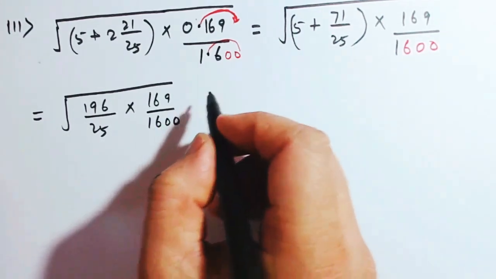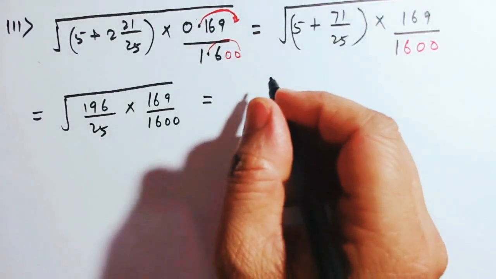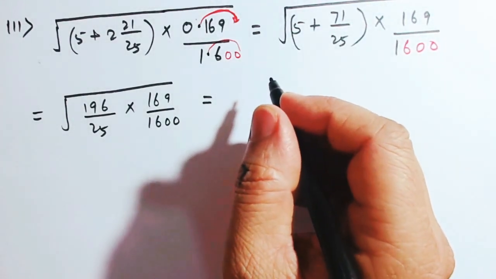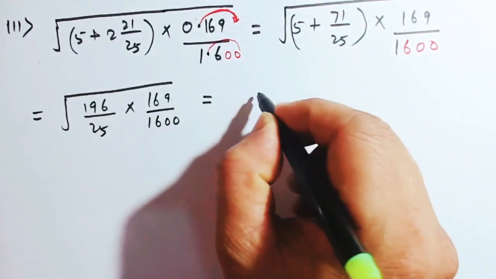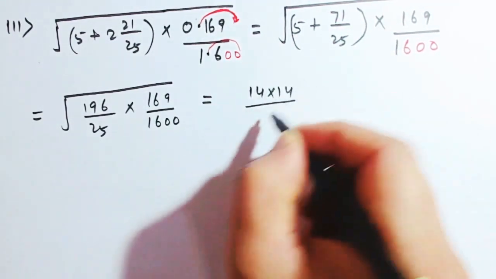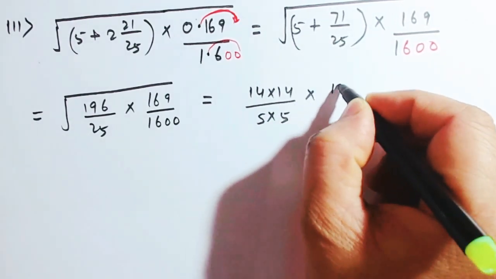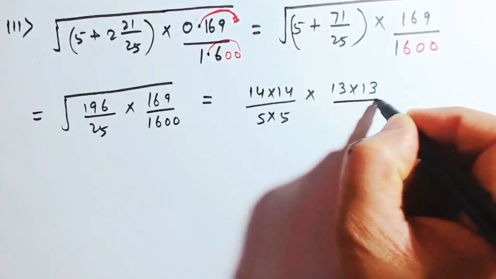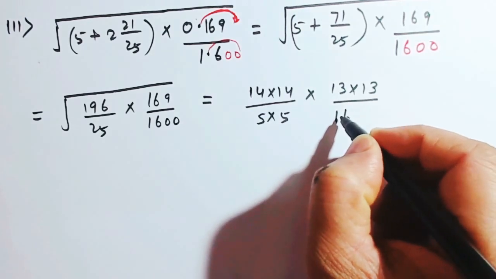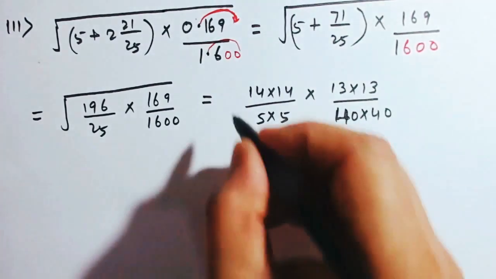I have been telling you often that please learn all the squares from 11 to 20. 196 will give you 14 times 14, 25 is 5 times 5, 169 is 13 times 13, and 1600 will give you how much? 40. 40 into 40.